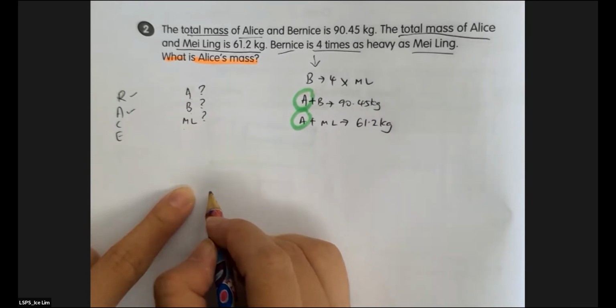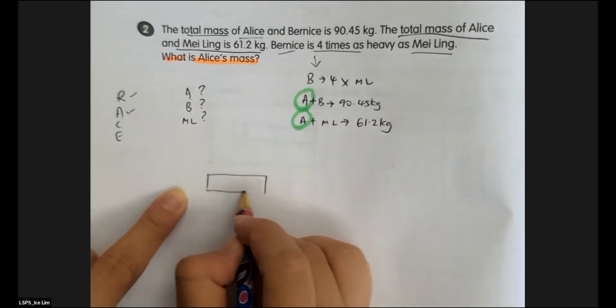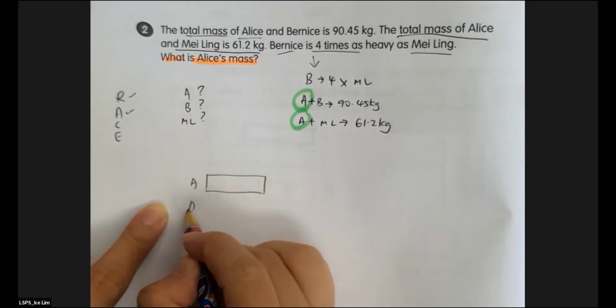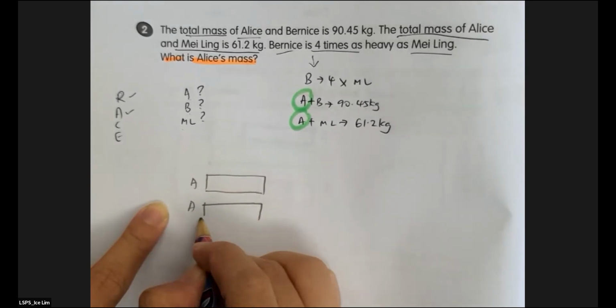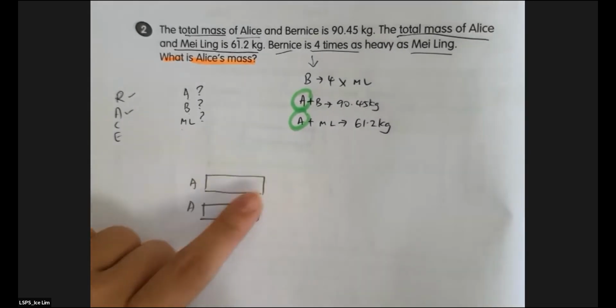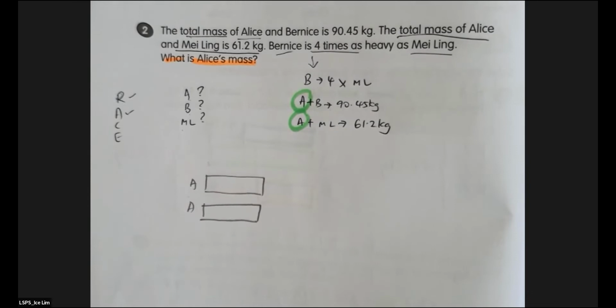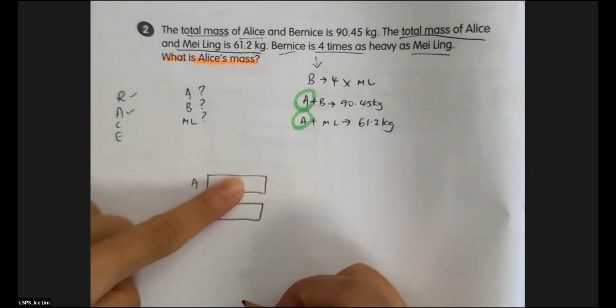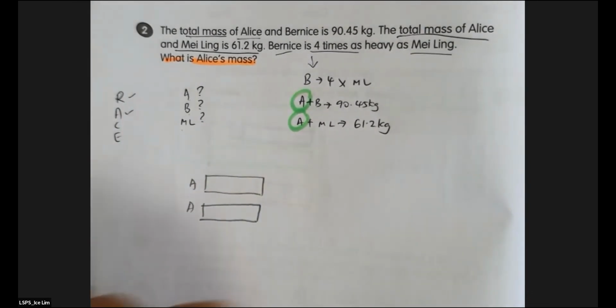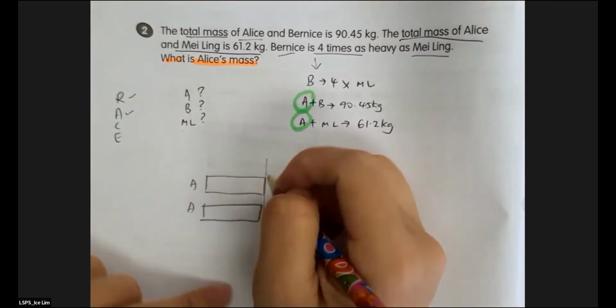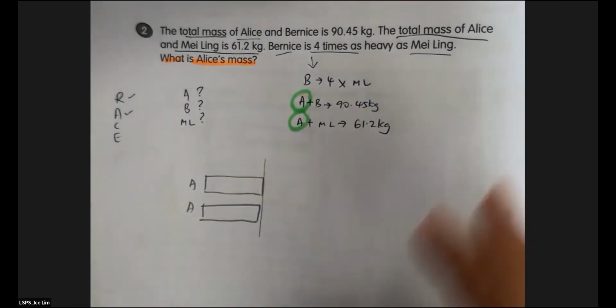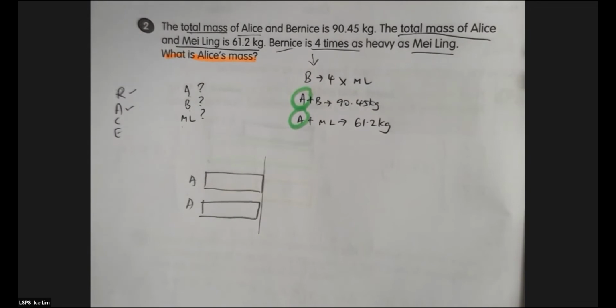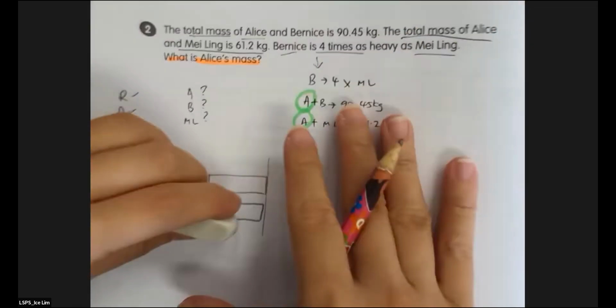So let's say there's Alice. Alice is this amount, and Alice is the same amount in both Alice and Bernice and Alice and Mei. Because they are the same, I can draw a line down and make them the same, like the same starting point.